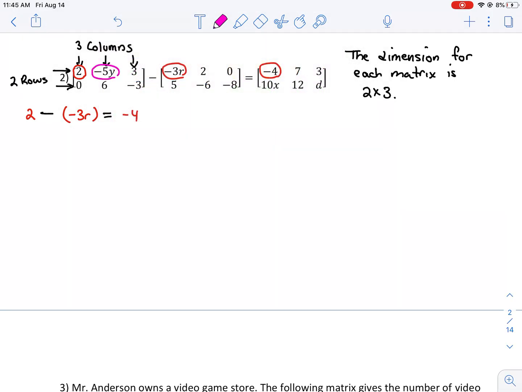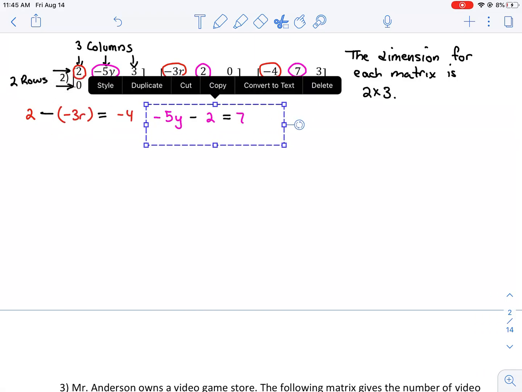Next, negative 5y corresponds to 2, which corresponds to 7. So we have the equation negative 5y minus 2 is equal to 7. And now I'm going to go ahead and write out the rest of the equations.